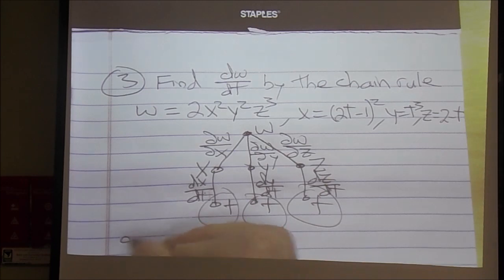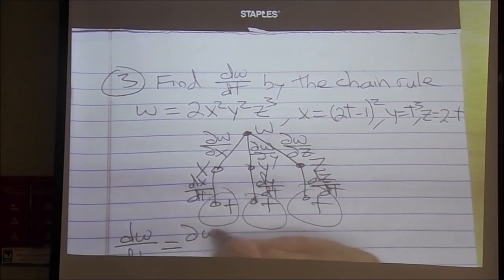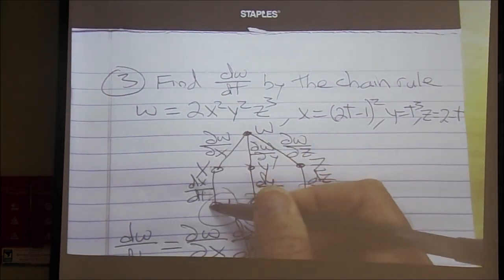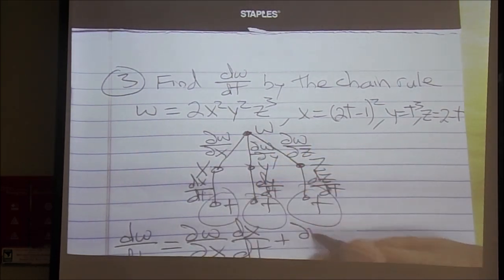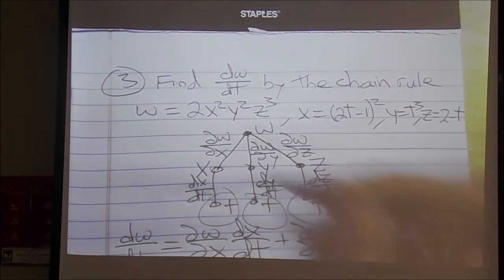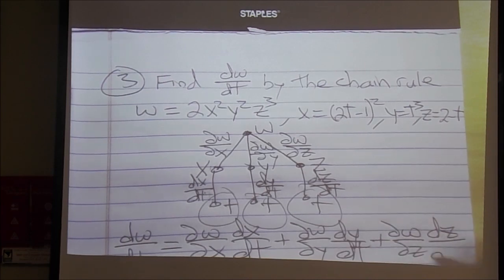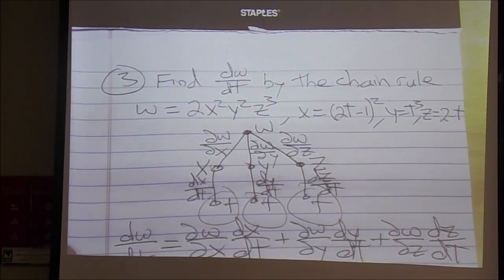So dw/dt is dw/dx times dx/dt, the product of the derivatives going along this path, plus dw/dy times dy/dt, the product of derivatives going along this path, plus dw/dz times dz/dt, the product of the derivatives going along this path.